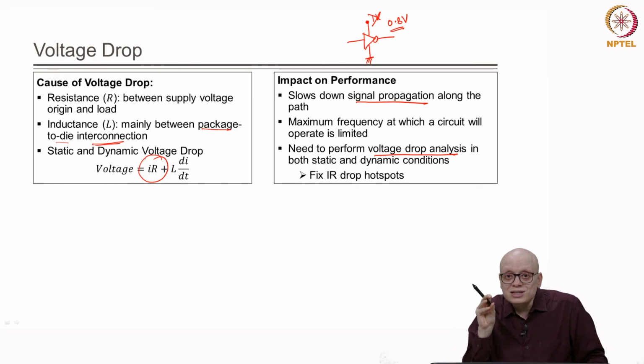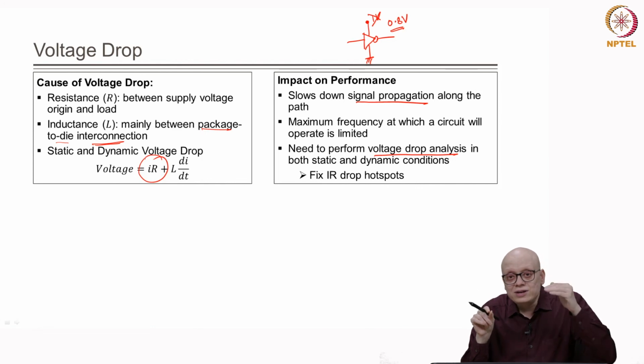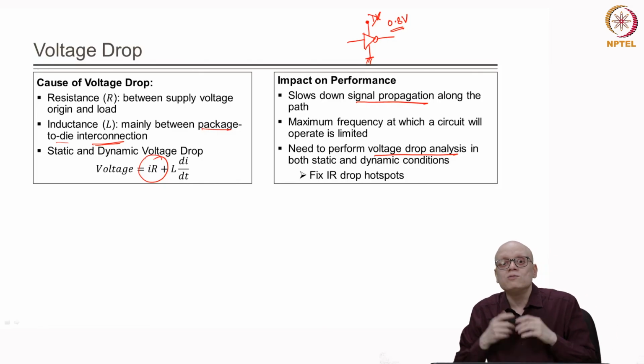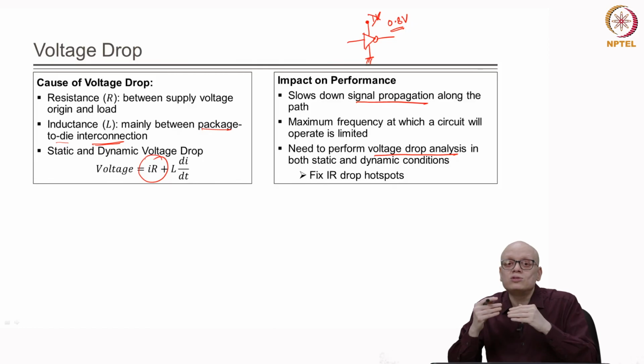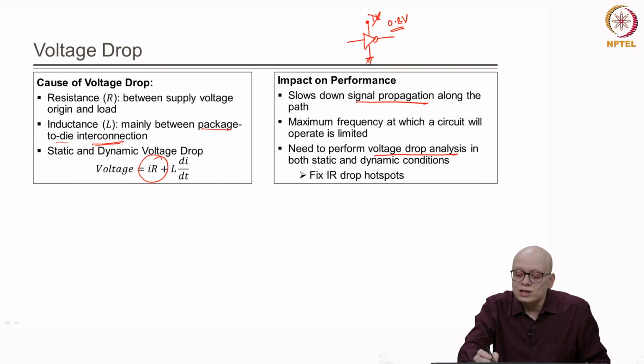Suppose the rated or nominal voltage was 1 volt, and during the working of the chip it dropped from 1 volt to 0.8 volt. This is a large IR drop, and portions of the design with a large IR drop are known as IR drop hotspots.